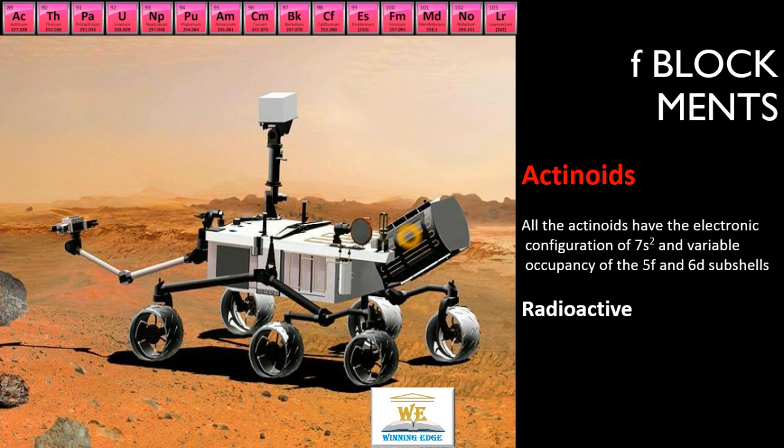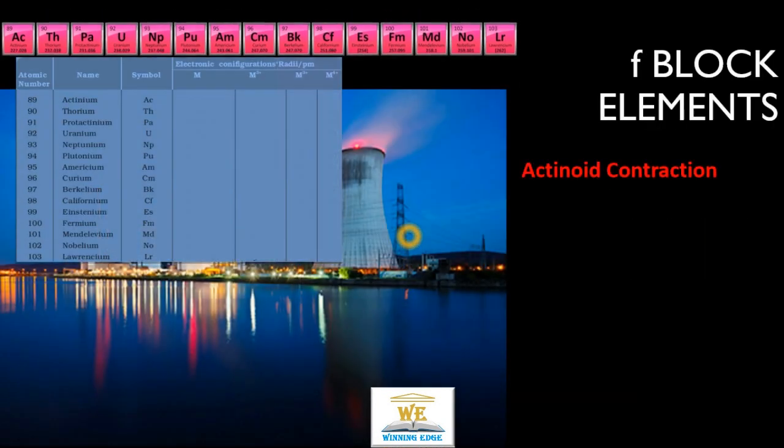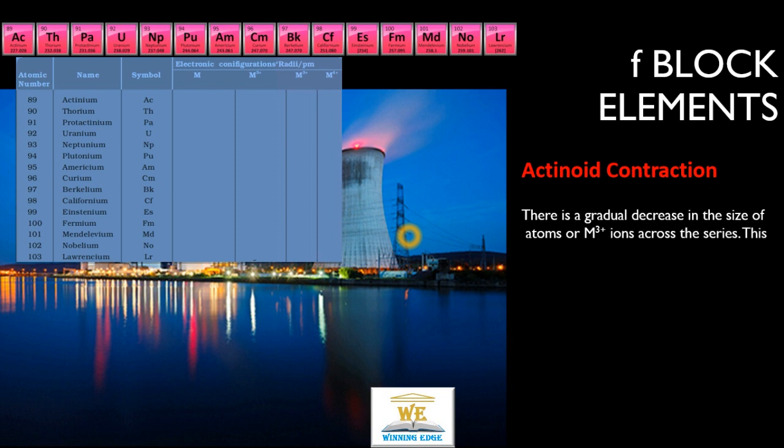Now let's go ahead with these actinoids. Like lanthanoids, there is a gradual decrease in the size of the 3+ or trivalent ions across the actinoid series. This is called actinoid contraction, just like lanthanoid contraction.